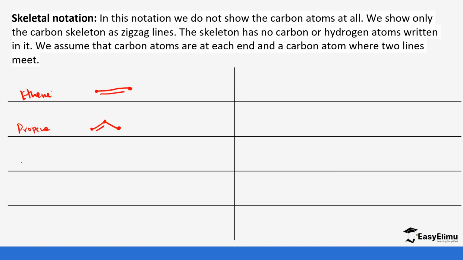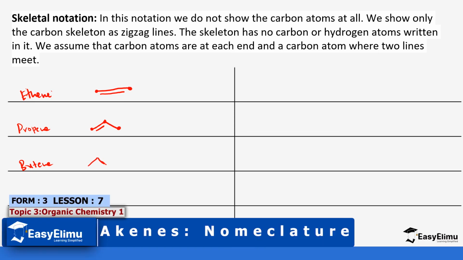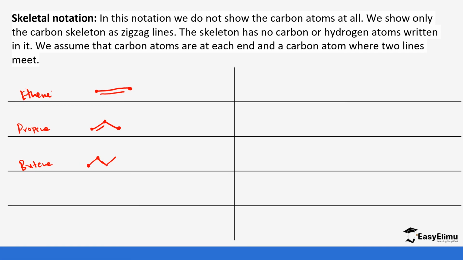So we go to butene. Butene has four carbons, so we are going to draw three lines. So this is the first carbon, second, third, fourth. The dots are usually never placed. I'm just placing them so that I can show you where the carbons are, and then you put a smaller line to show the double bond.